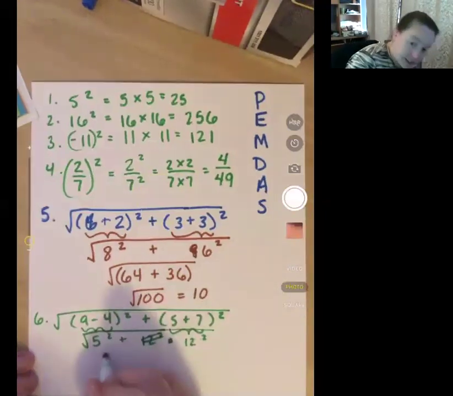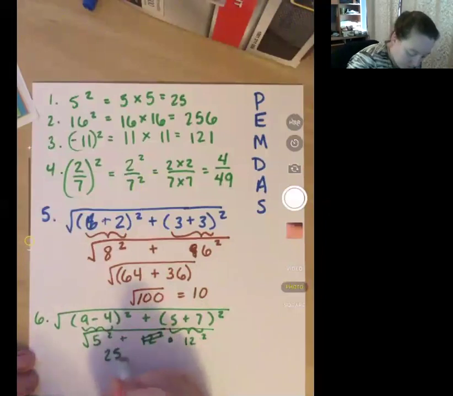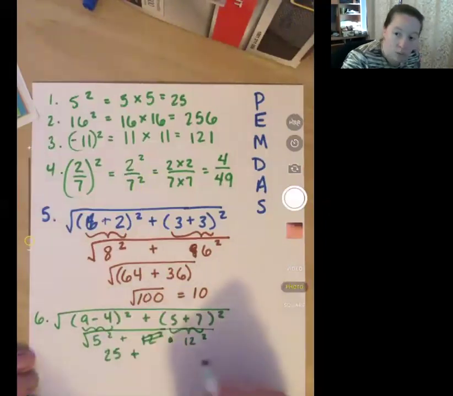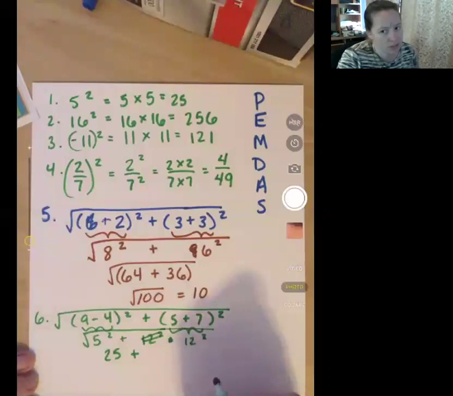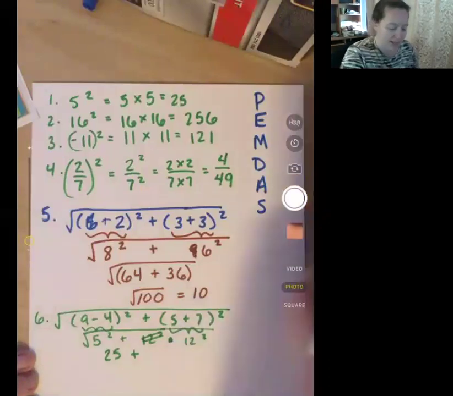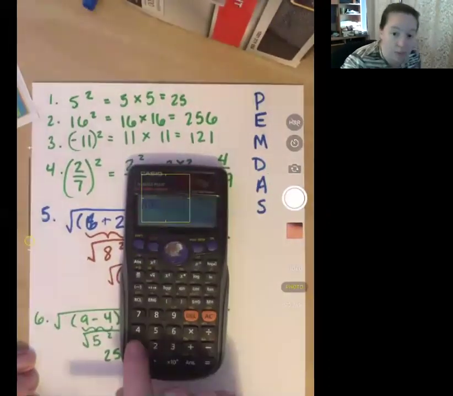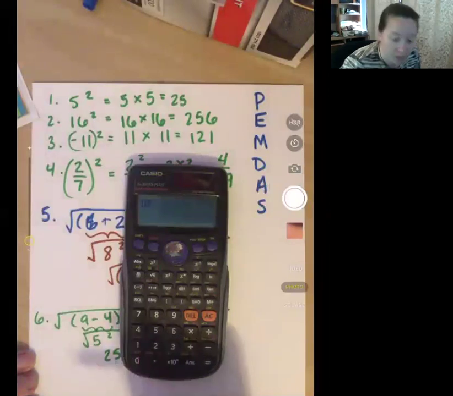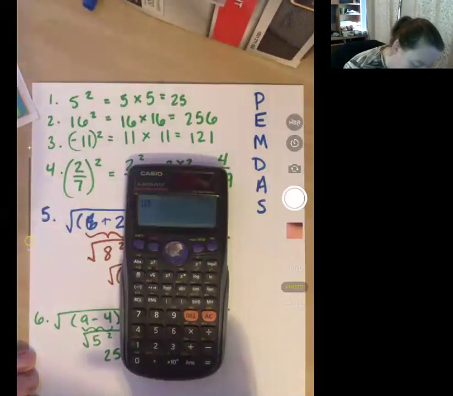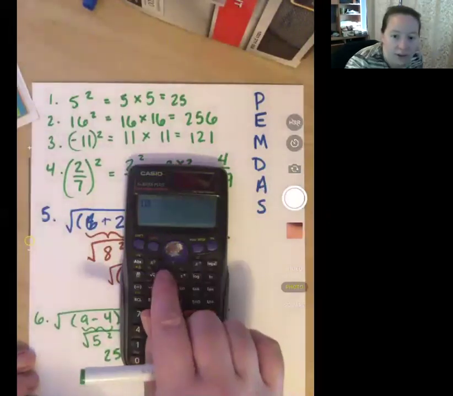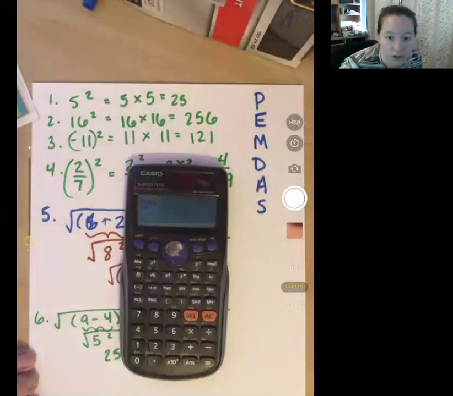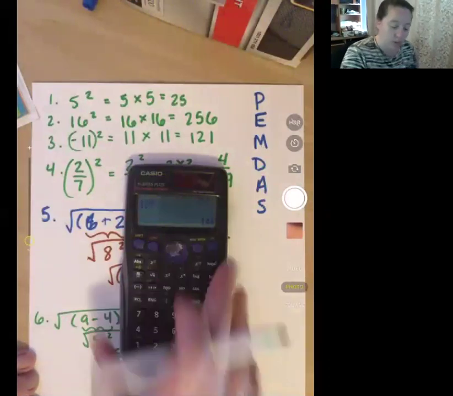5 times 5 is 25, plus 12 times 12, which is, I'm not expecting you to know this one right off the top of your head. So in this one, I'm going to do 12, and then I have x squared. So see how it says 12 squared now? I'm going to press equals, and it gives me 144.